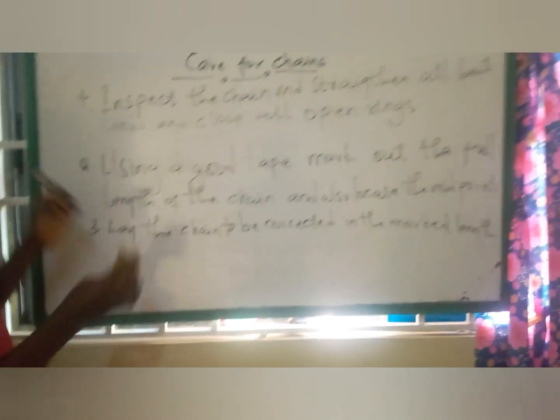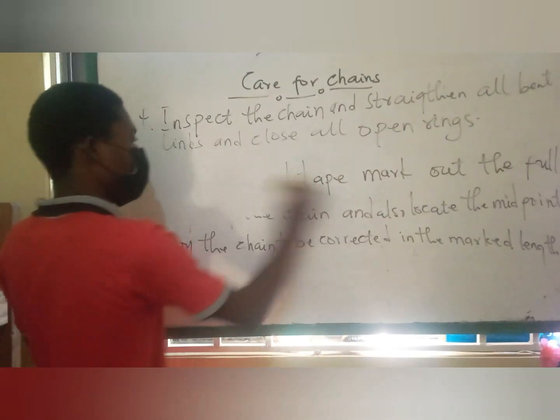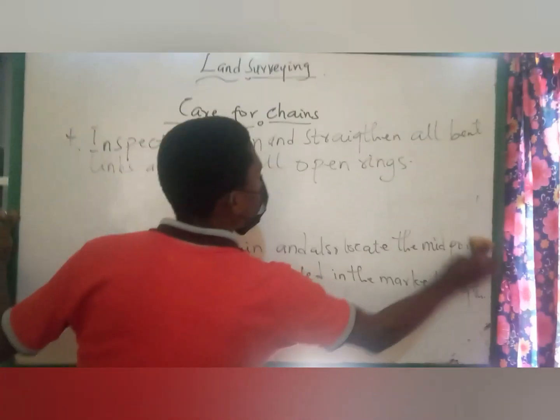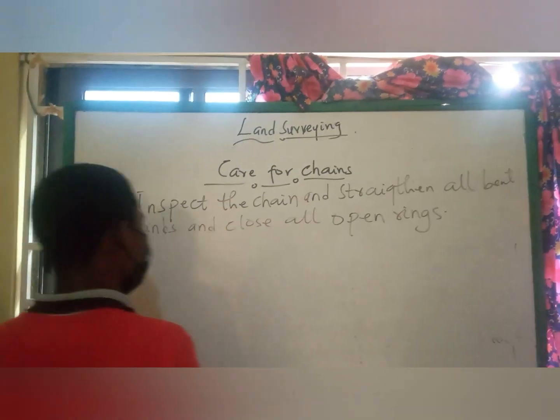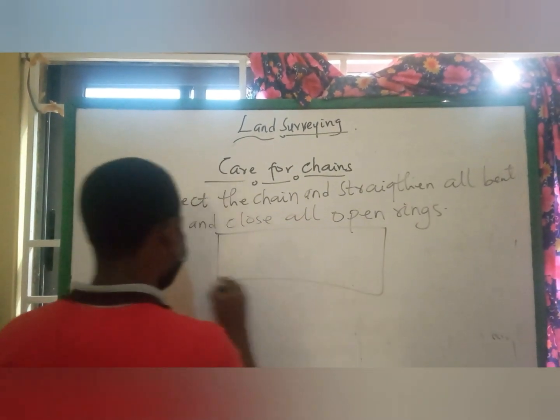So after this method, you now have your chain looking like what I'm about to draw. So you now have your chain looking as such.